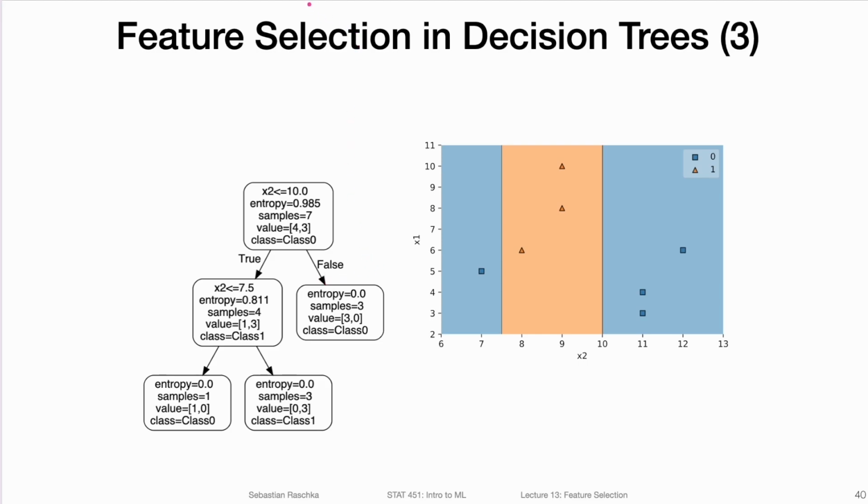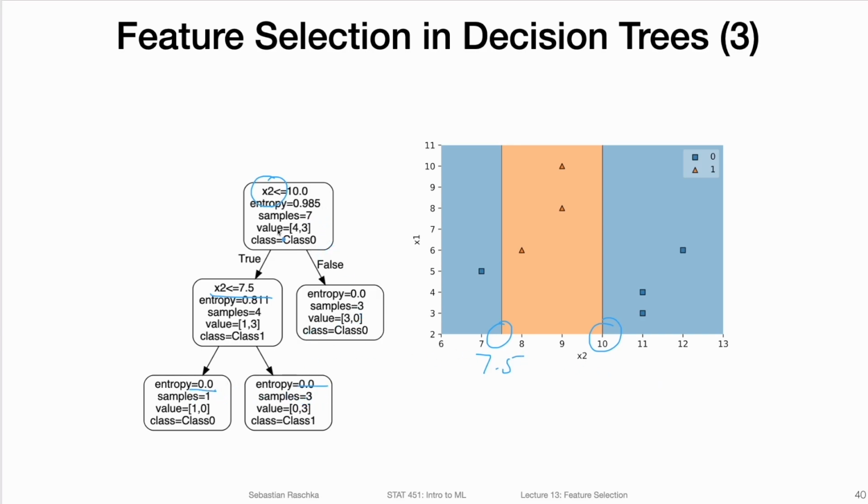Moving on, another example here. So here this would be a different way to split the tree. So first, the decision tree uses feature x2. So here splitting first on x2 smaller or equal 10, and then again splitting on x2 again at 7.5. And if you split the decision tree like that, then you can also reach 0 entropy here, which is the ideal case.